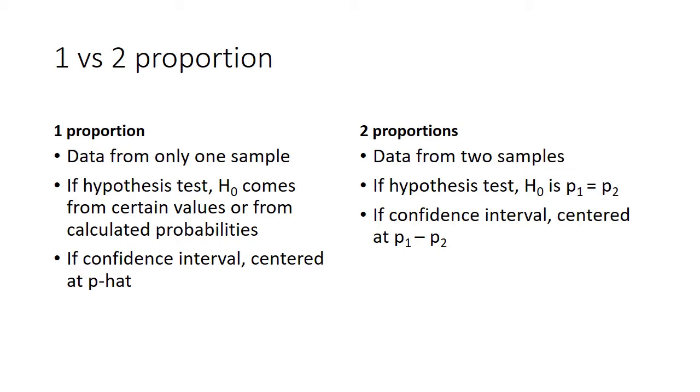So with 1 proportion, we might be asked to compare it to either a certain value or something that we could easily calculate, like asking if a coin is fair or not, because the default rate would be 50%. Whereas with 2 proportions, we will have 2 different samples. They could be from different points in time, like 2010 and 2020, or one from men and one from women, or maybe a sample from Wisconsin and a sample from Minnesota.